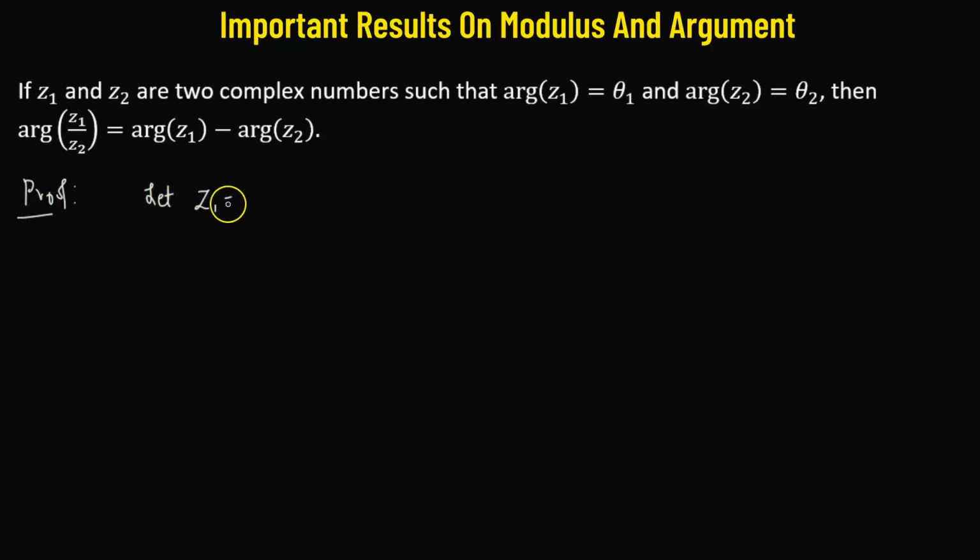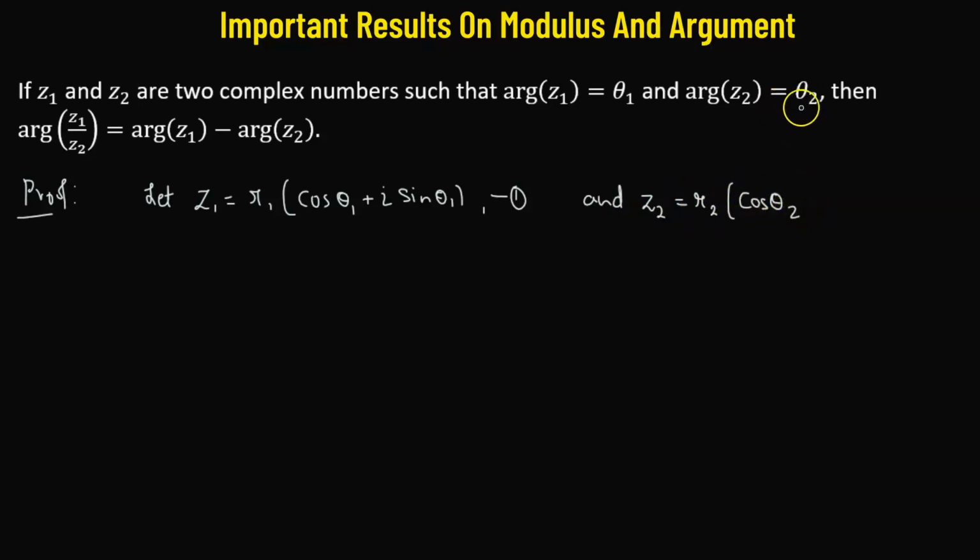So let's represent z1 as r1 times cosine of theta 1, since its argument is theta 1, plus iota times sine theta 1. Let this be equation number 1. And we will consider our complex number z2, which is given by r2 multiplied by cosine of theta 2, since its argument is theta 2, plus iota times sine theta 2.